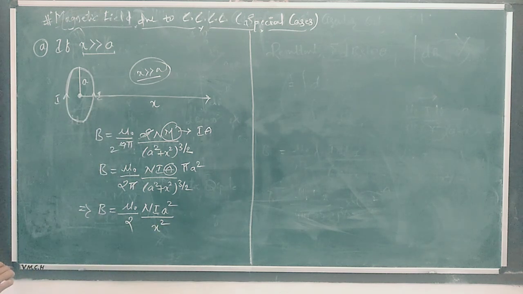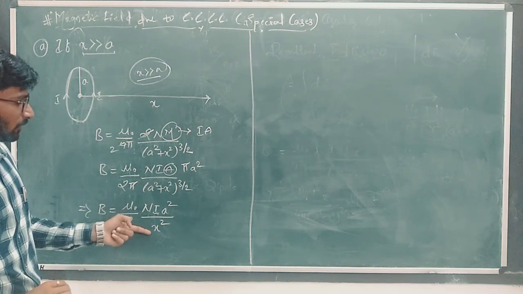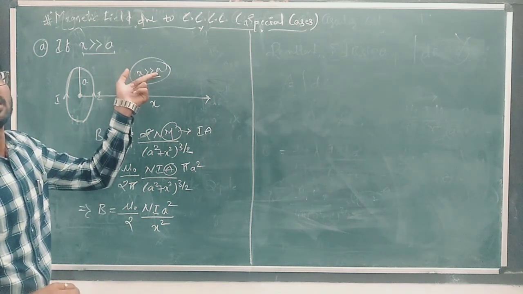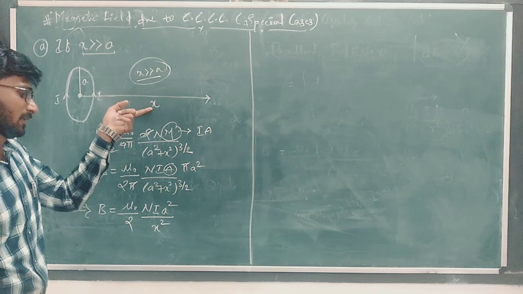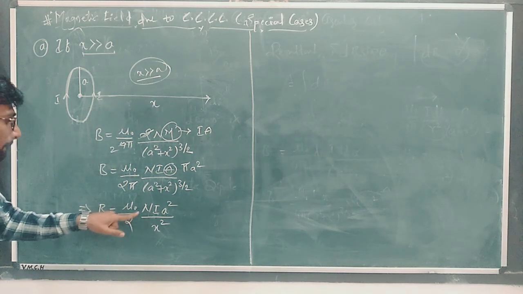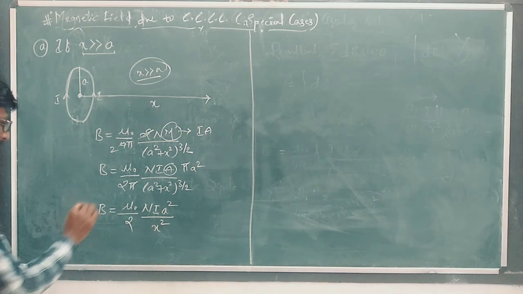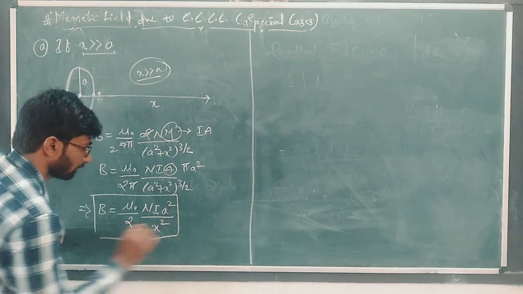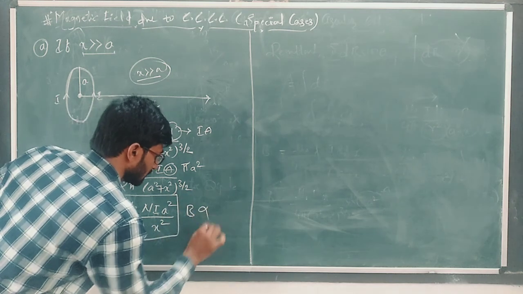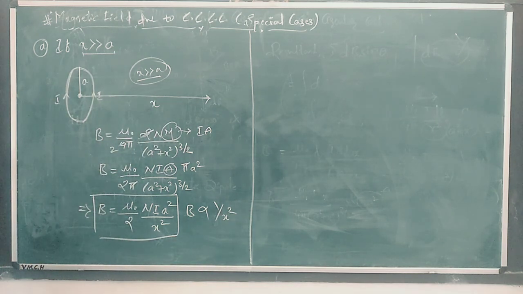I considered only x square because a is very small compared to x. So finally we got mu naught by 2 into NI a square by 2x square, so B is inversely proportional to x square.